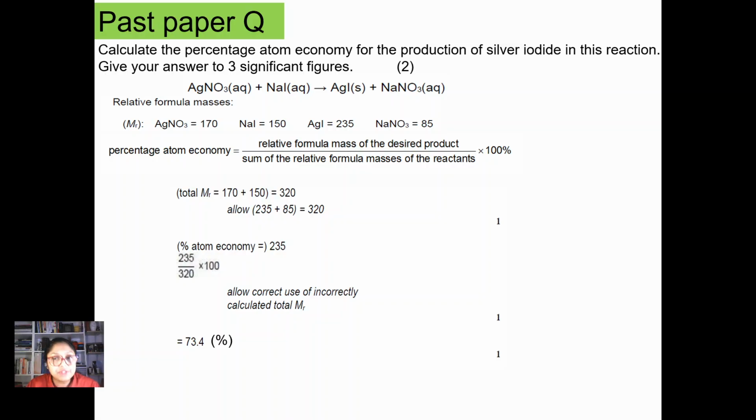Be very careful about considering every single atom of the reactants because students make mistakes here. Silver nitrate has 1 silver, 1 nitrogen and 3 oxygen atoms. And sodium iodide has 1 sodium and 1 iodine. Show all your work. This is mark 1.